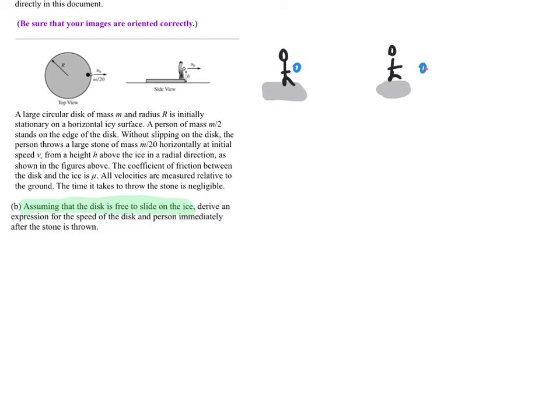The stone is moving over with speed v0, and we want to know what is our speed, which I'm just going to call, since they don't give us one, v1. And what we know, of course, are the masses. We know that the person is m over 2, and the disk is mass m, and the ball is of mass m over 20. And in between, we don't really care what happens.